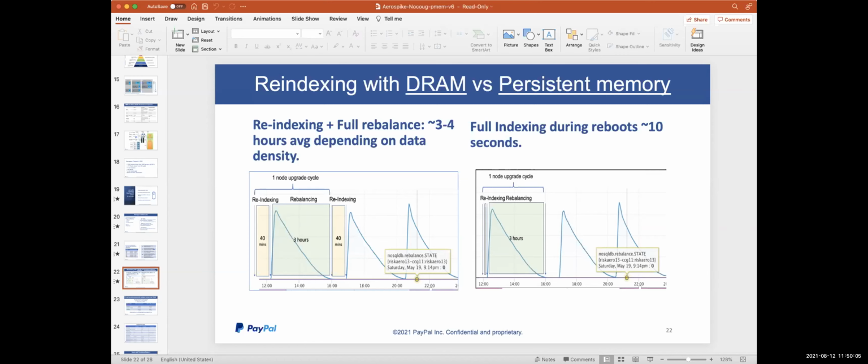So that's Oracle database on persistent memory directly. It's a different architecture: server-side persistent memory, whereas Exadata is storage-side persistent memory.